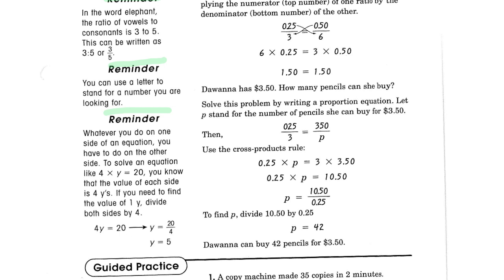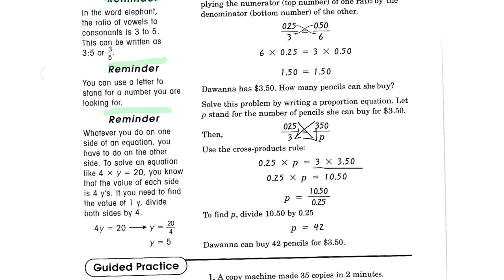If we use cross multiplication, and I like to use that symbol, you take 25 cents times P equals 3 times $3.50. When you do the multiplication on this side, you get $10.50.